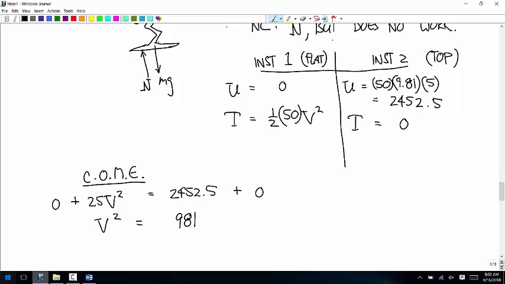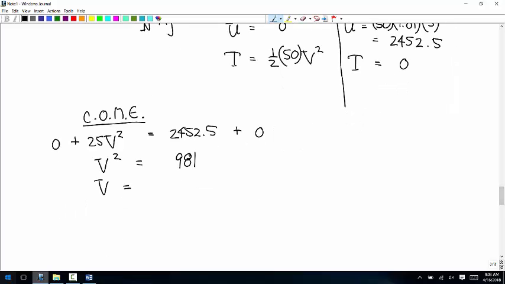Is that right? And then so v is equal to the square root of 98.1, which is 9.9 meters per second. That's not right, is it? 31.3. Okay. Any questions about that part?